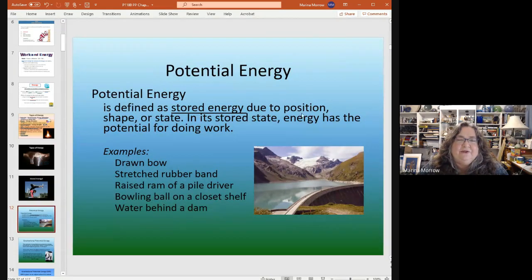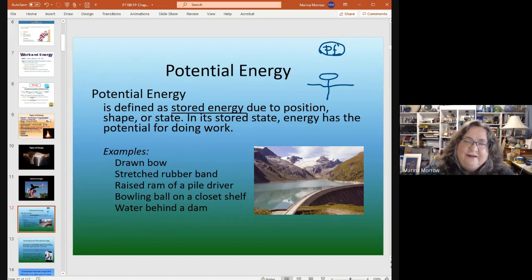Okay, so let's look at this potential energy. So again, stored energy. And the thing is, energy has the potential for doing work. What does that mean? Well, imagine if you lifted up a rock. The higher you lift it, the more potential energy you give it. And then you could drop the rock onto a nail and drive that nail into some wood. This is basically what you're doing with a hammer.